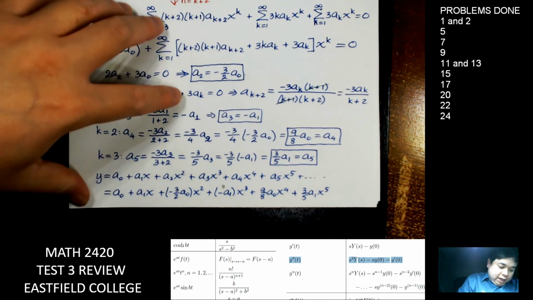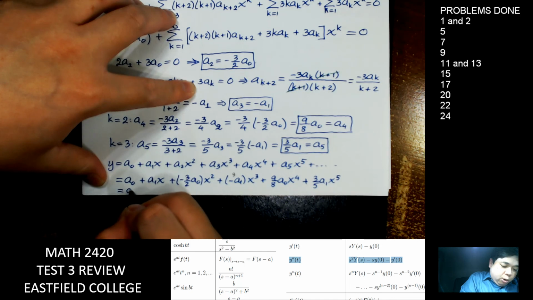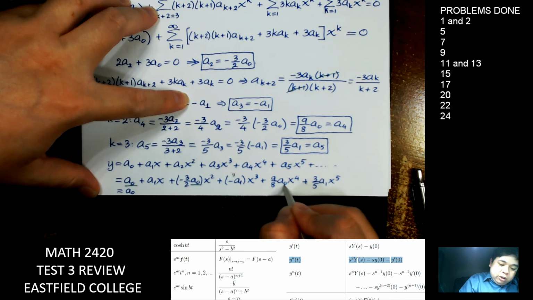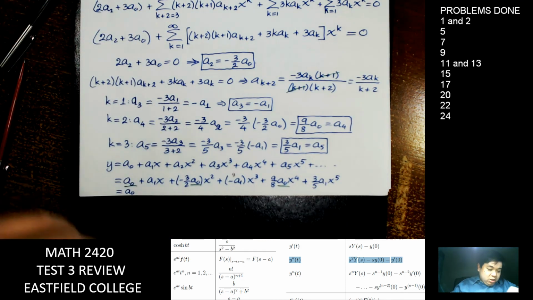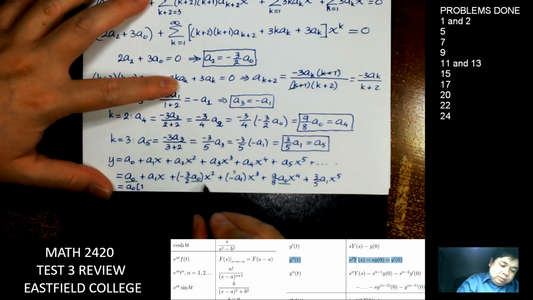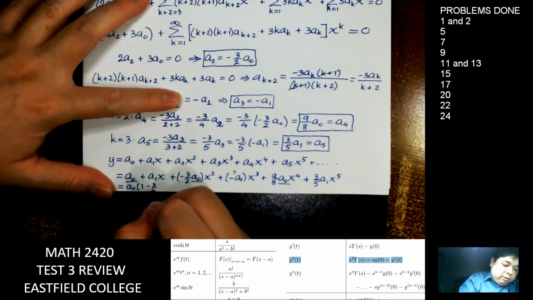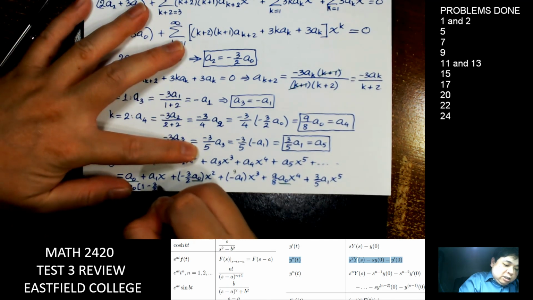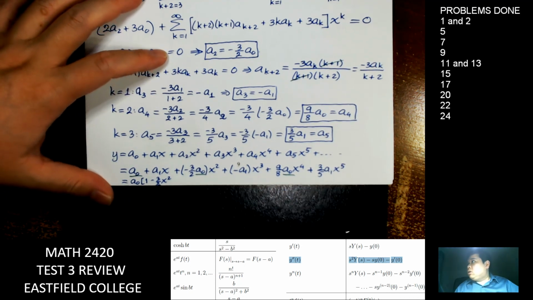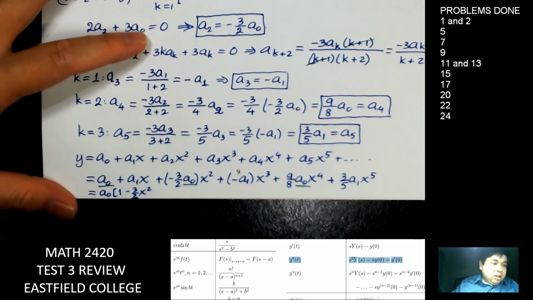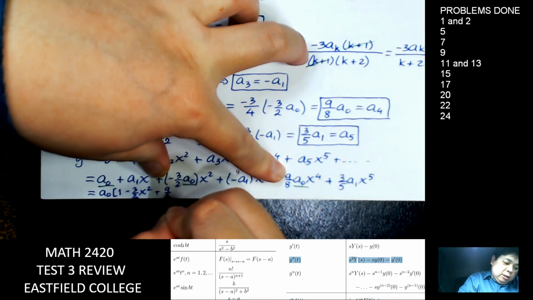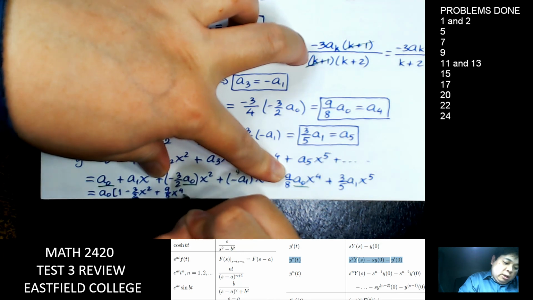Right, and then we can pull out the terms that have a naught, a1, and a2. So we need 3 non-zero terms. So that's exactly what we have. So it will be 1 minus 3 half x squared, and then plus 9 over 8 x to the fourth, and then so on.